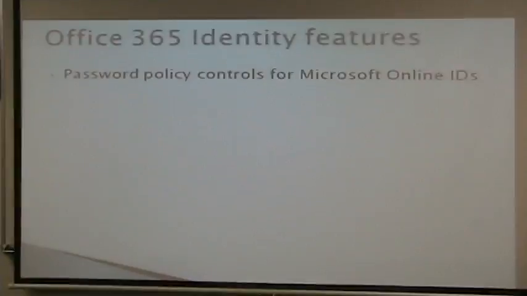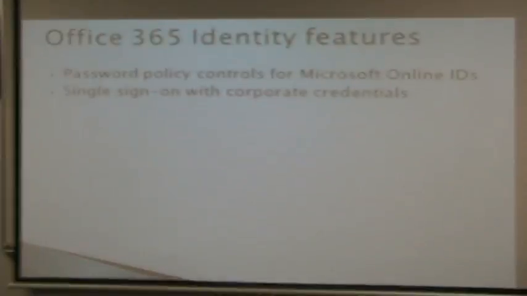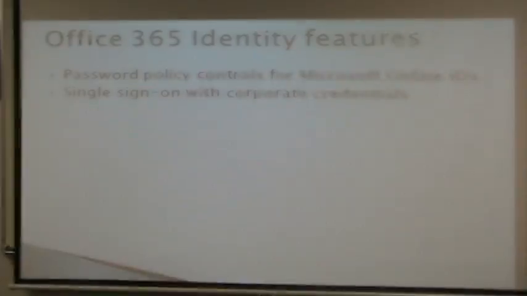All right, this is where it gets complicated, once it starts getting into the identity, which is authentication models and foundation setups. John, if I miss anything, just jump in. So with Microsoft Office 365, you can implement password policies just as you would on-premise. So you can do complexity requirements and expirations and resets, et cetera.